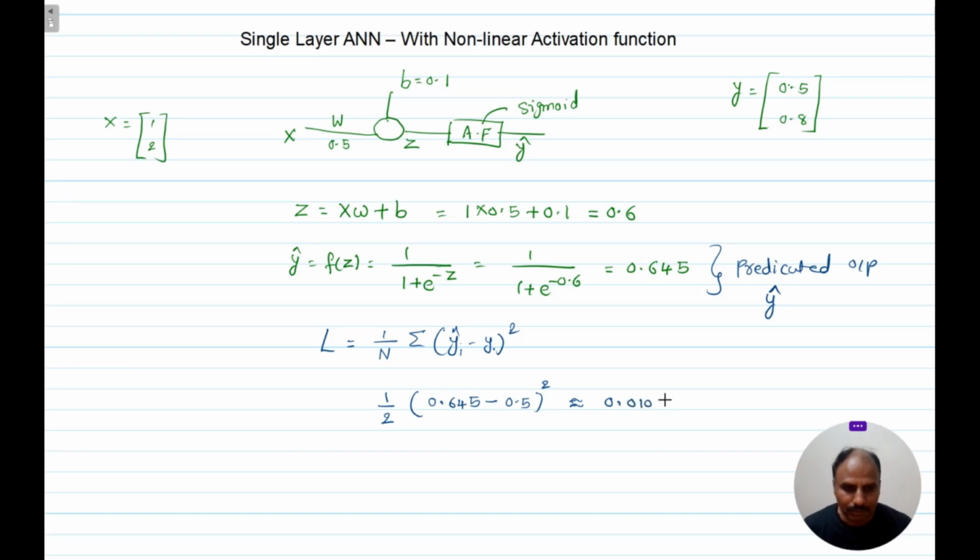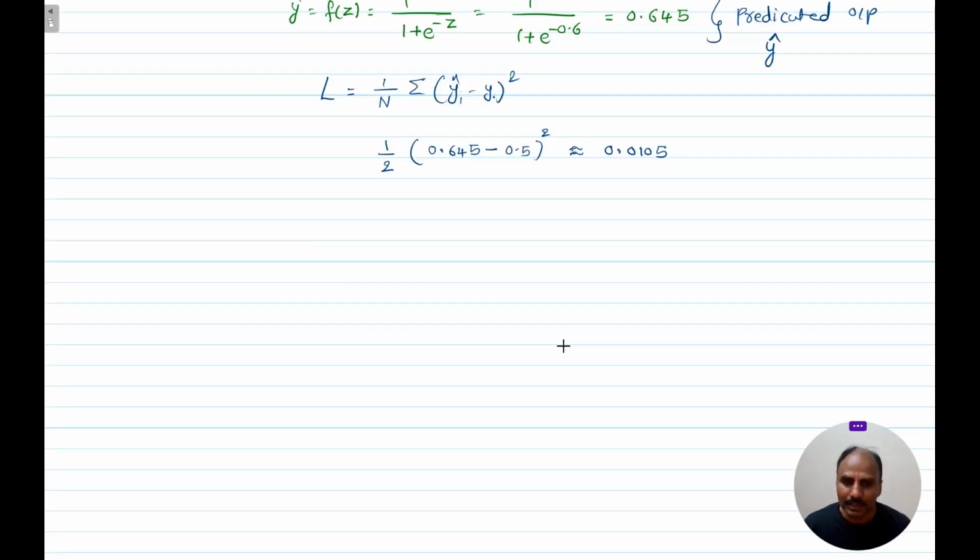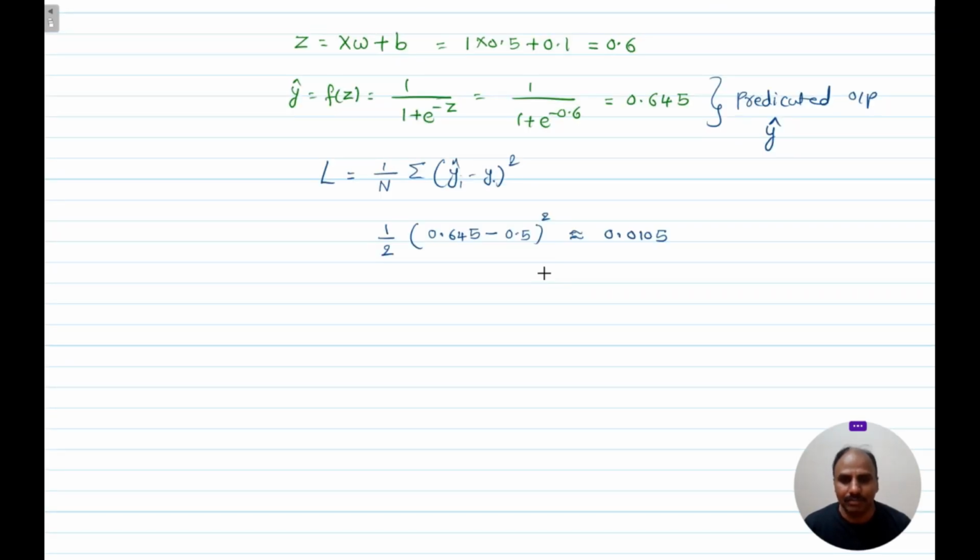So this much loss is there, and we need to reduce this loss. If the loss becomes 0, then we are accurately reaching the expected output. So how do we reduce this loss? That is our target.